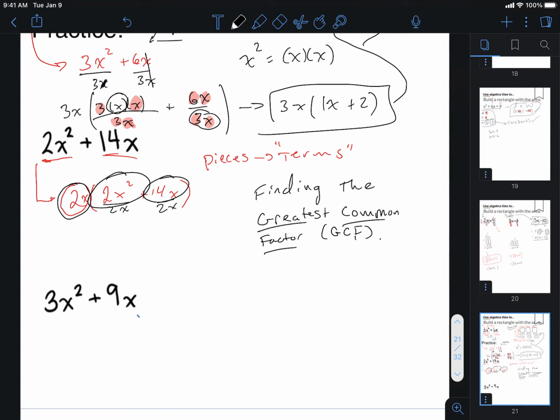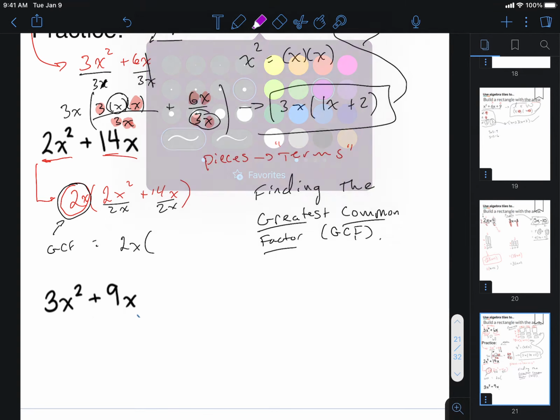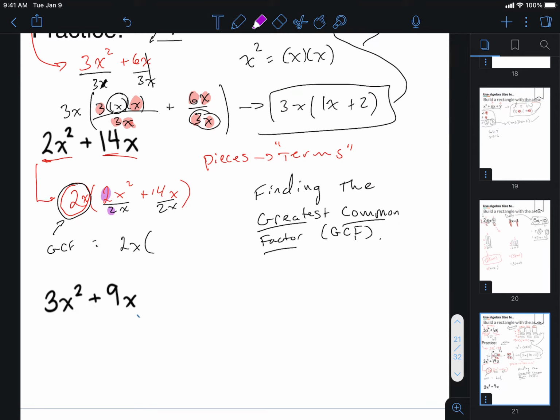And so all you have to do at this point, as soon as you identify that this is the greatest common factor, is write 2x and tell me what's left after you do the division or canceling of each of these. So 2 cancels with 2 because 2 divided by 2 is 1. X squared, there's 2 x's in the top.